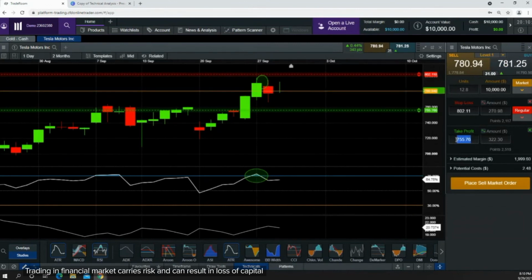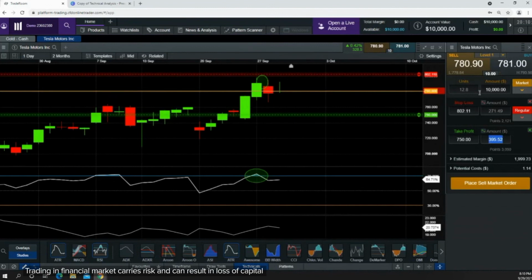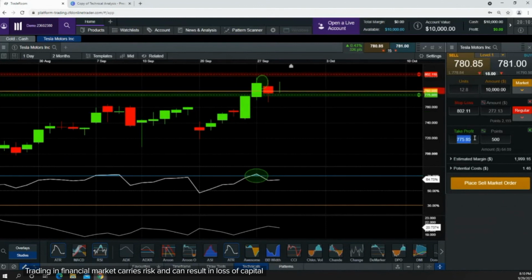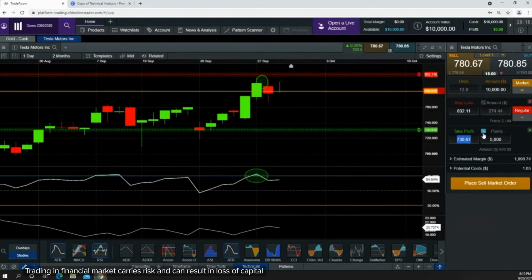So that means roughly around 730. Sorry, my system is hanging again. So that is about 50 points on a weekly time frame I'm talking about.